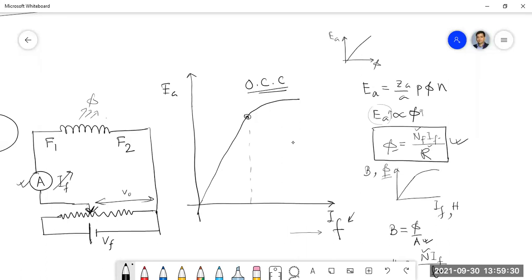After this current value, your flux will not vary to the same extent that it was varying before, isn't it? So the saturation will begin in the magnetic material because the number of domains which have already aligned is getting exhausted. You can explain that by the domain theory. Therefore the flux is getting saturated, isn't it?